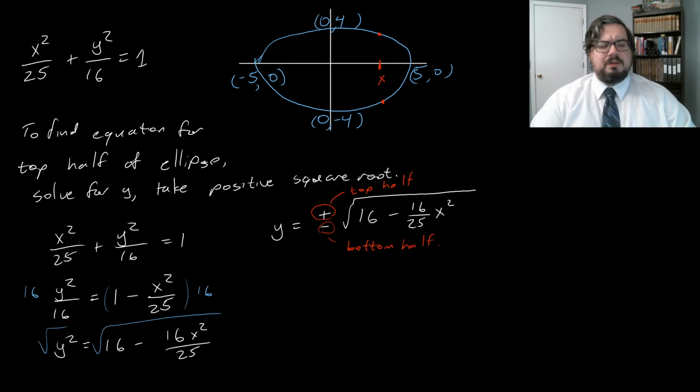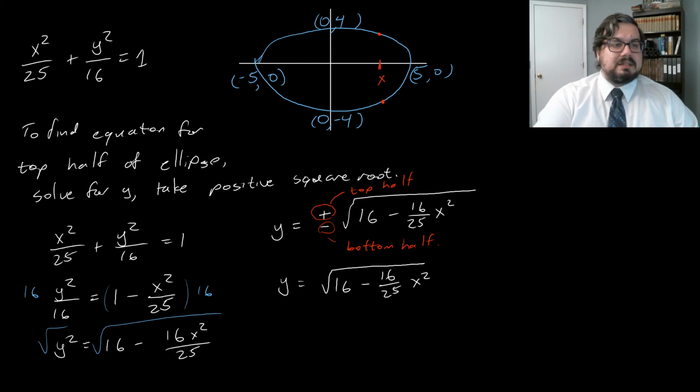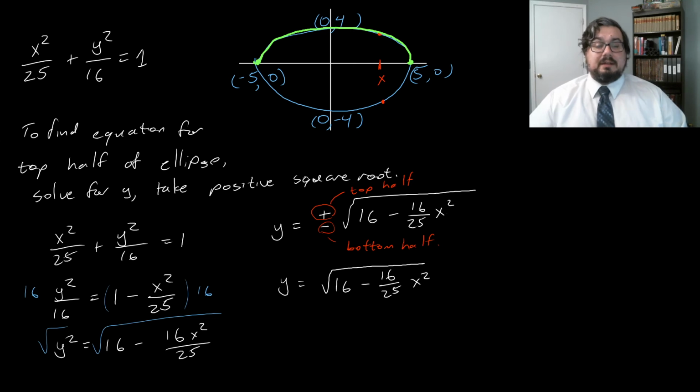So in this problem, we were looking for the top half of the ellipse. So the result would be y equals the positive square root of 16 minus 16 over 25 x squared. And that is going to give us exactly the green curve on the graph above, which is the top half of this ellipse.